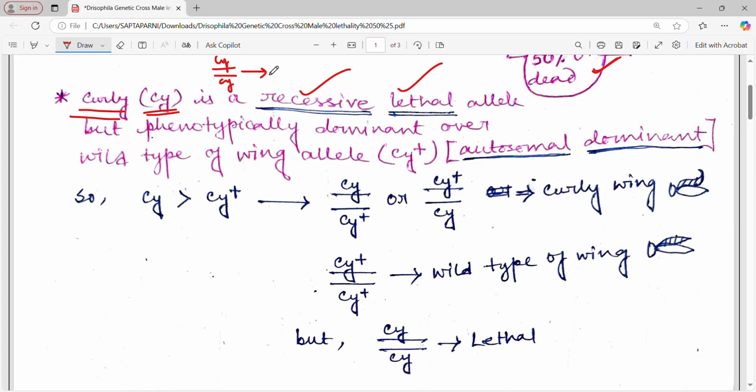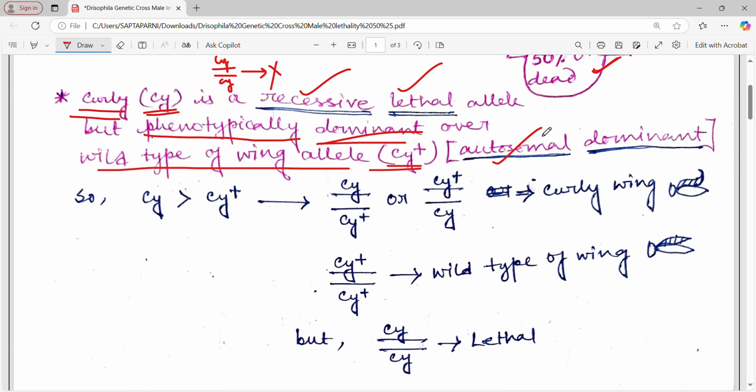It will be lethal. But you have to remember that phenotypically this Curly mutation is dominant over the wild type wing allele, that is denoted as Cy plus. So it is an autosomal dominant mutation.